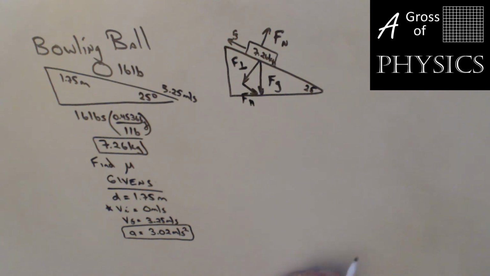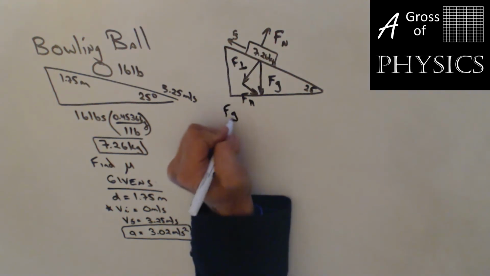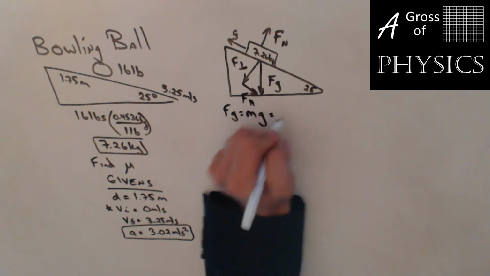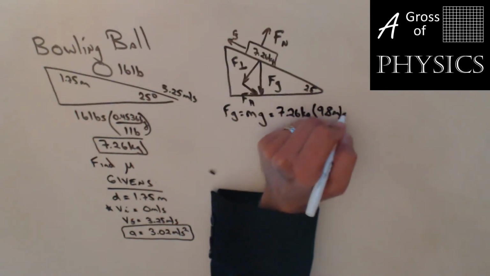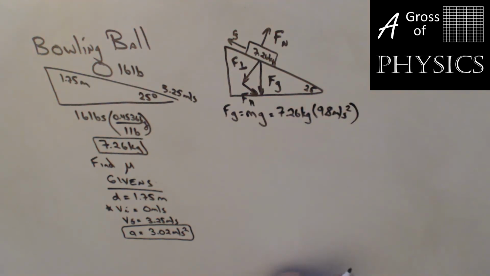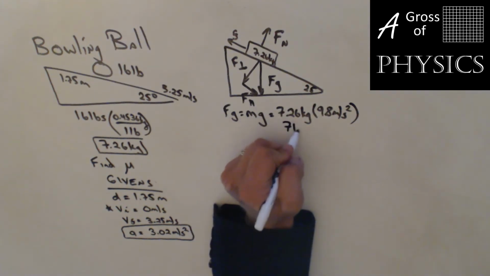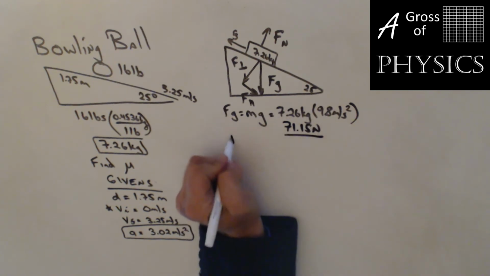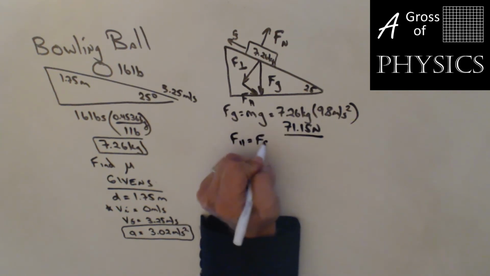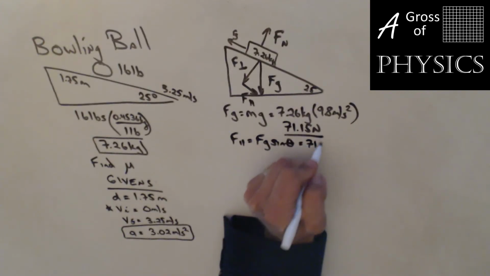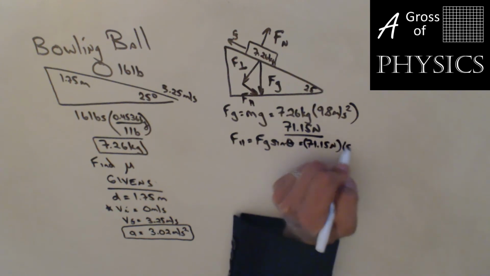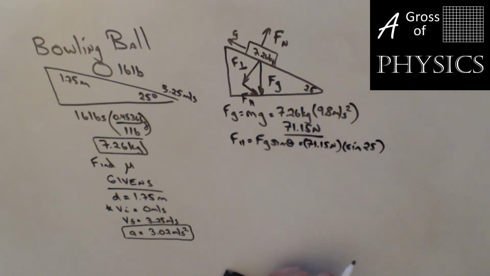But before we do that, we need to find the force of gravity. So Fg equals mg, 7.26 kilograms times 9.8 meters per second squared. So 7.26 times 9.8, and I get 71.15 newtons. F parallel is Fg sine theta, so that's 71.15 newtons sine 25 degrees.